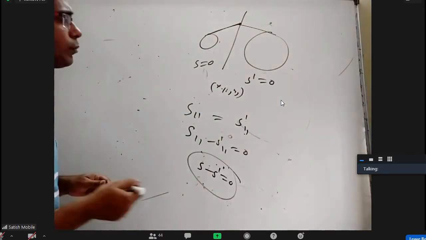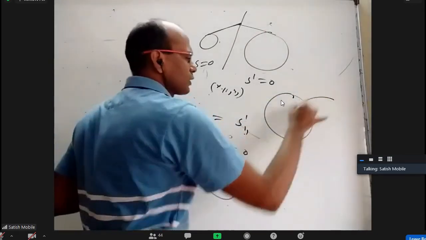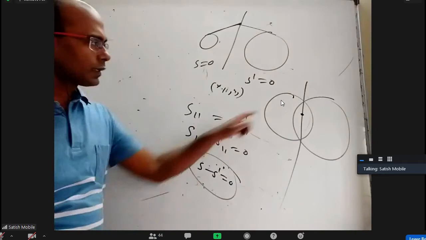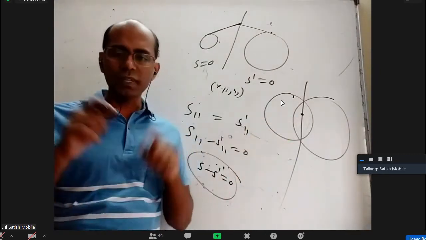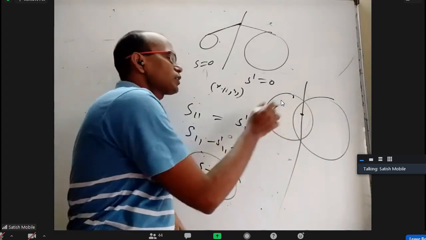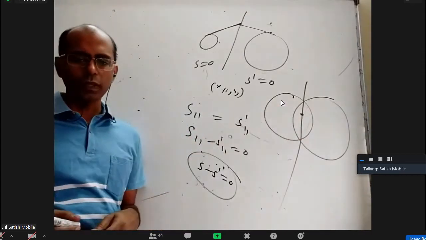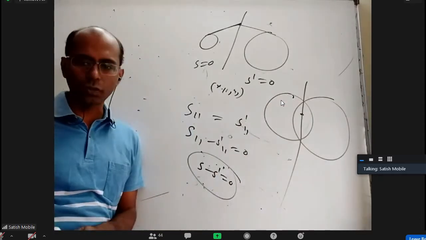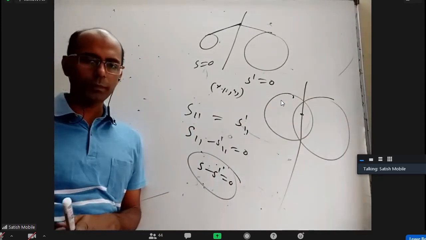But of course, I can have two intersecting circles, maybe with a radical axis like this. There may be a point here. That point is inside the first circle, so power is negative. It is inside the second circle also, so power is negative. For this point also, power with respect to both circles is equal. But I cannot say the lengths of tangent to both of them are equal because I cannot even draw them.